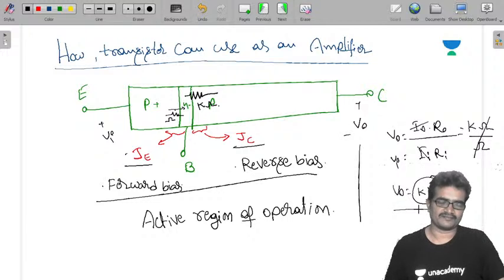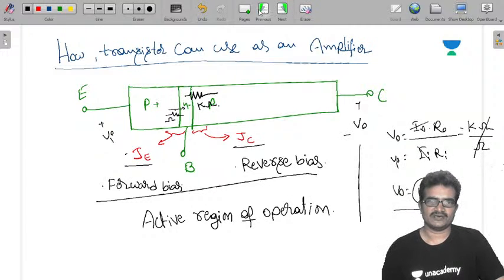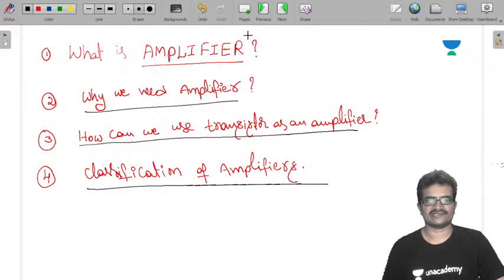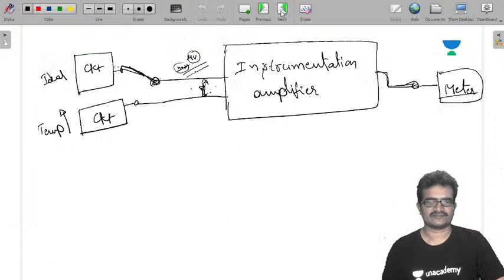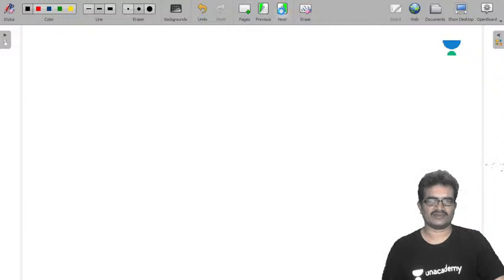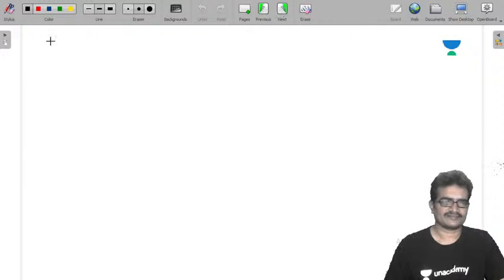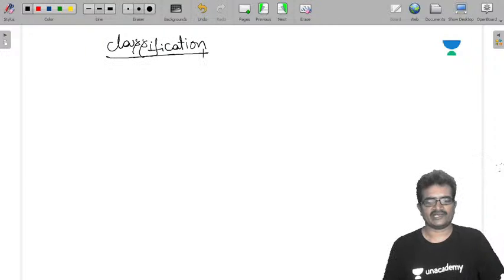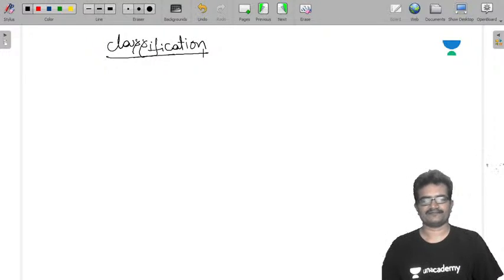So next one is the classification of amplifiers. Amplifiers are classified into different types.